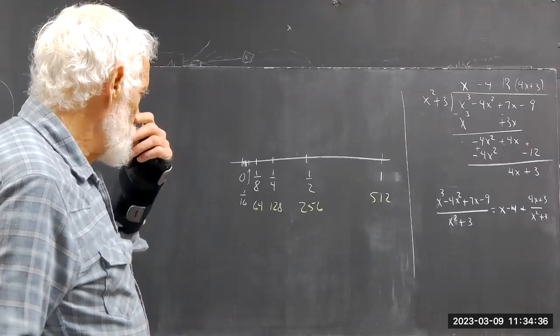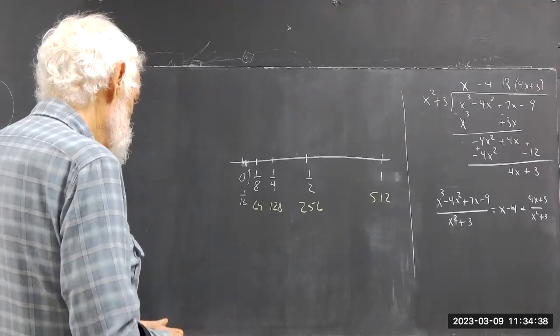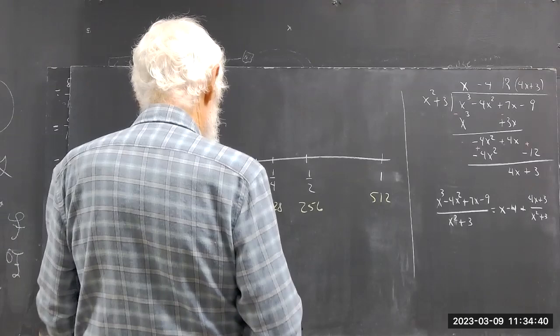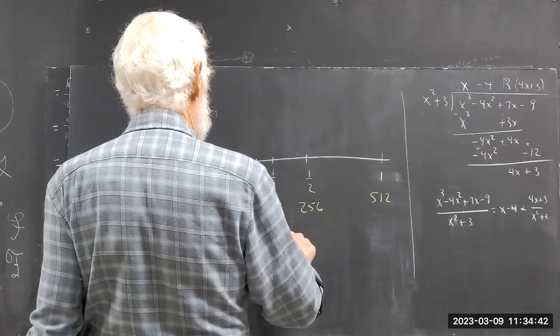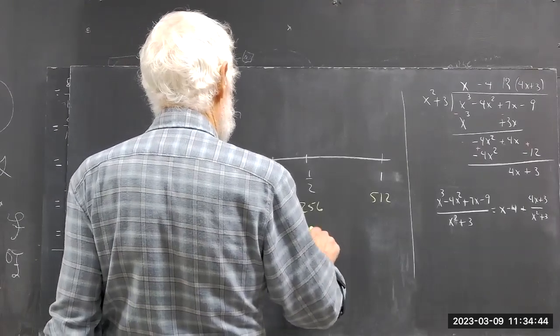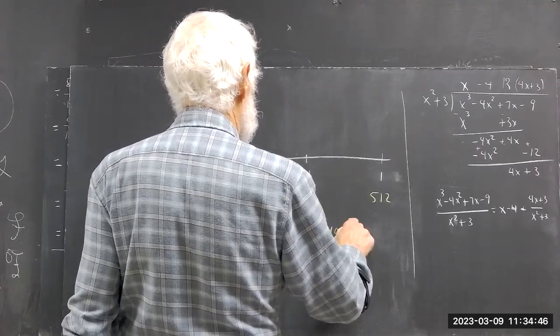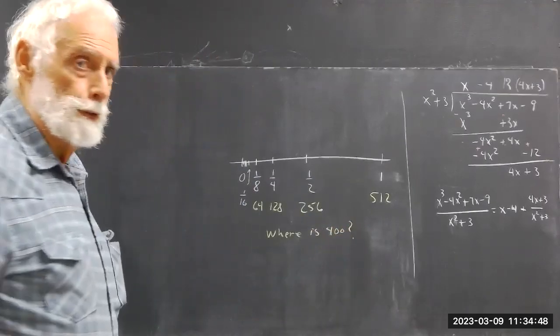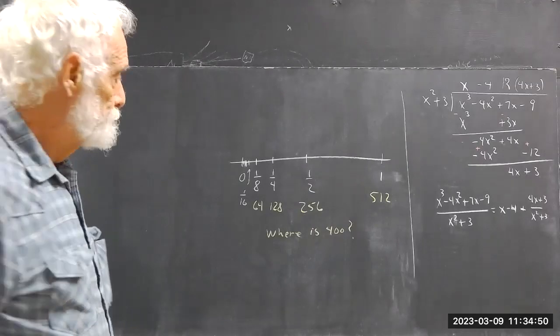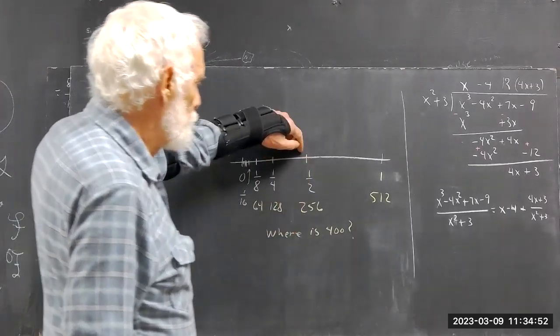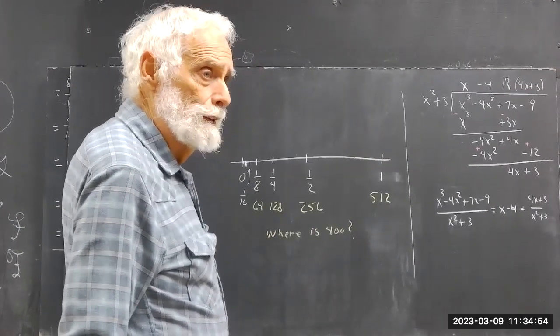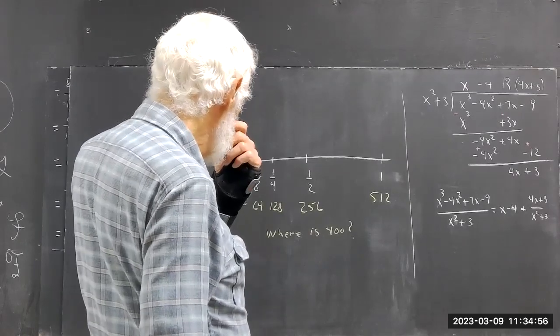So now if I want to locate, let's say, 400 in this graph, it's going to be between 256 and 512, a little more than halfway.